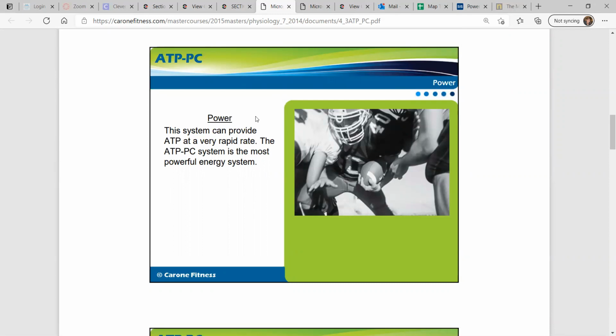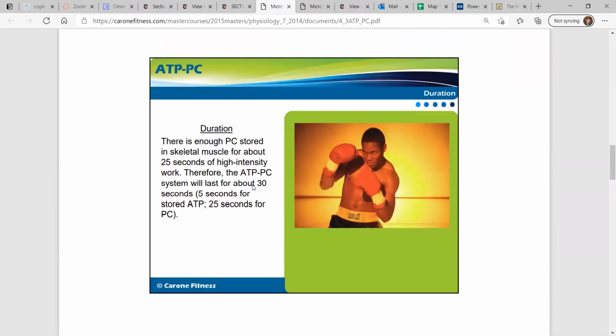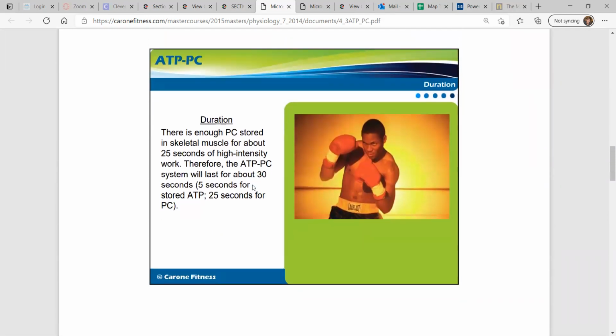It is the most powerful of the energy systems in the body. Duration: there is enough phosphocreatine stored in skeletal muscle for about 25 seconds of high intensity work. Therefore, the ATP-PC system will last for about 30 seconds, 5 seconds for stored ATP, 25 seconds for phosphocreatine.